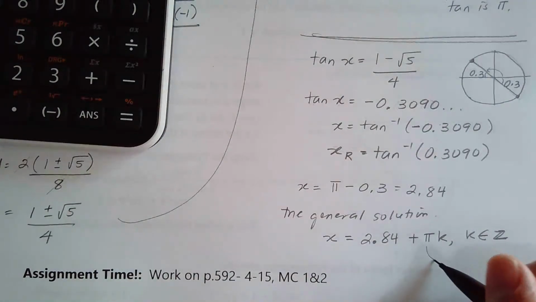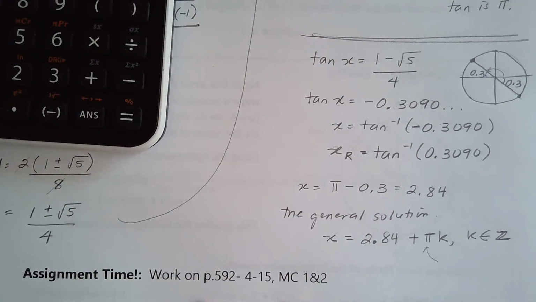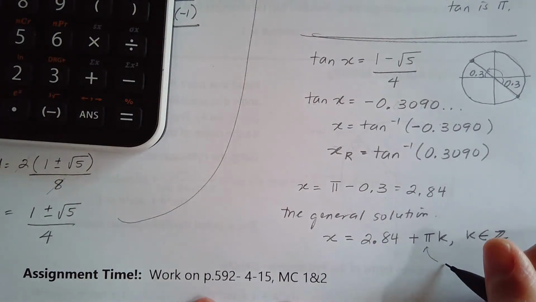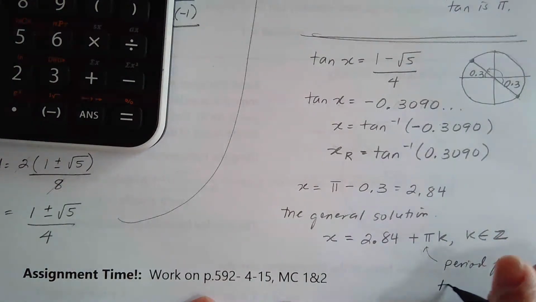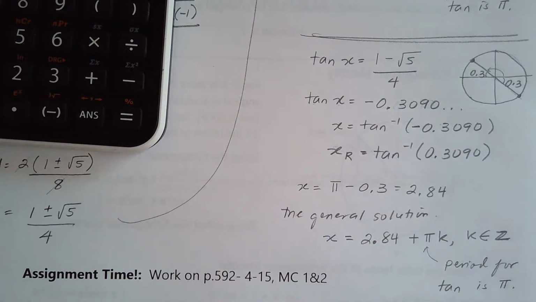The reason why it's pi is because the period for tan is pi radians. It repeats itself every pi radians.